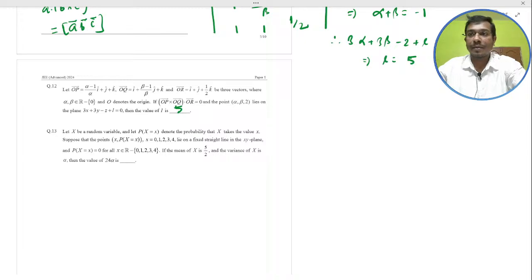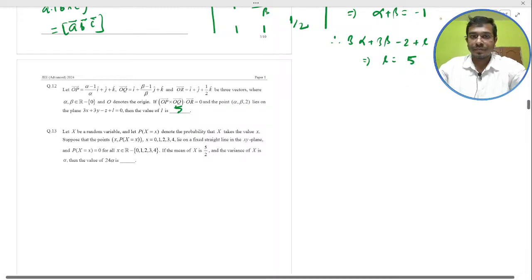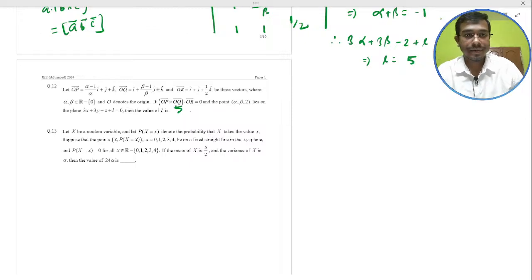Next question, question number 13. Let X be a random variable and let P(X = x) denote the probability that X takes the value x.